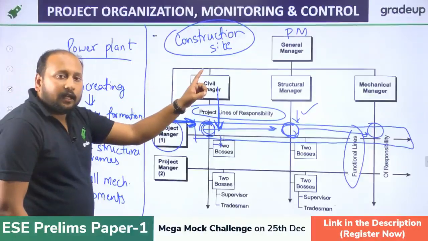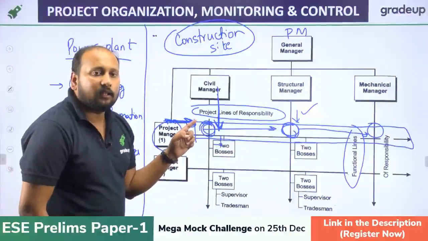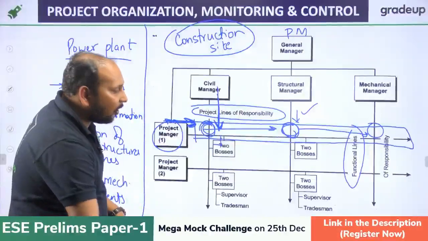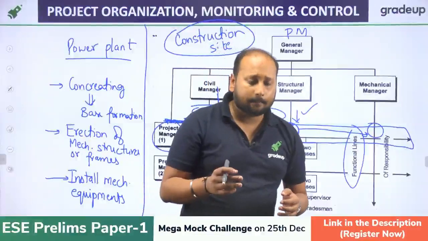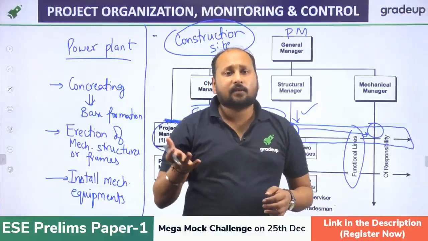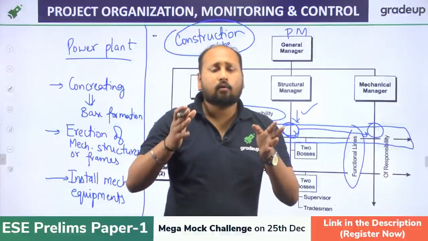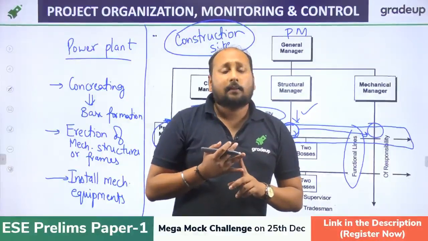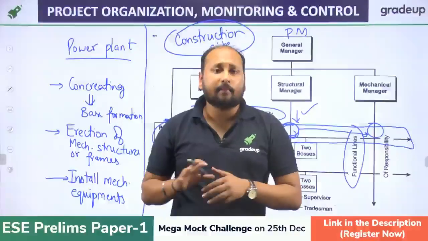No, Vijay, it's not like that if the civil manager's work is finished, he is free. Because if you go to a power plant, we are having boilers, conveyor belts, wagon tipplers, the rail, electrical sections, the power transformer system. So everything needs some concreting to be done.